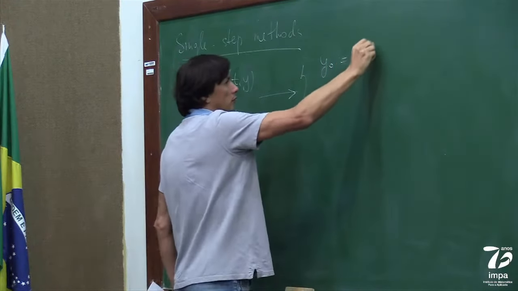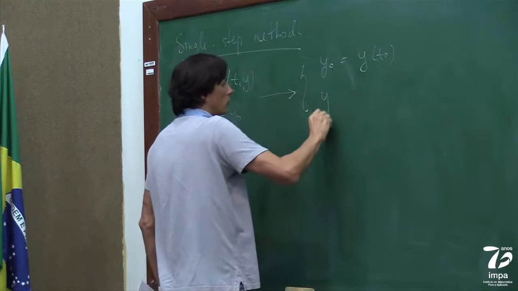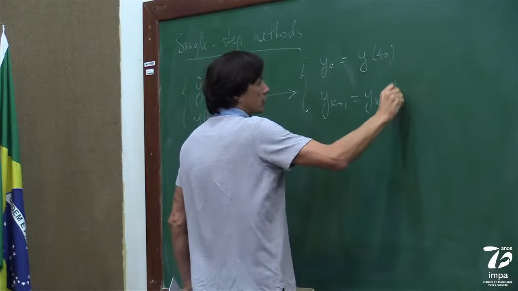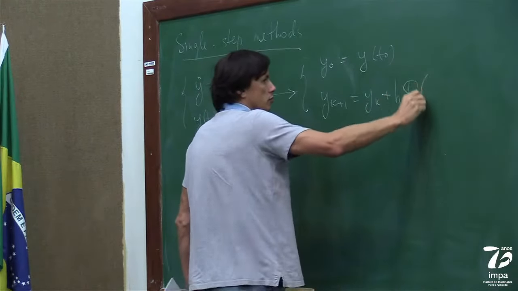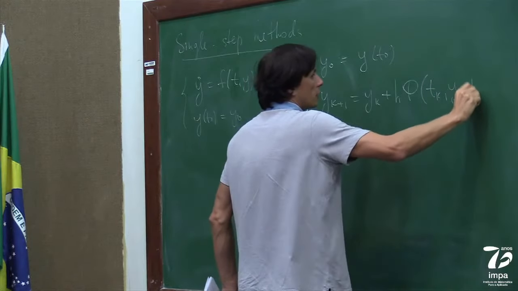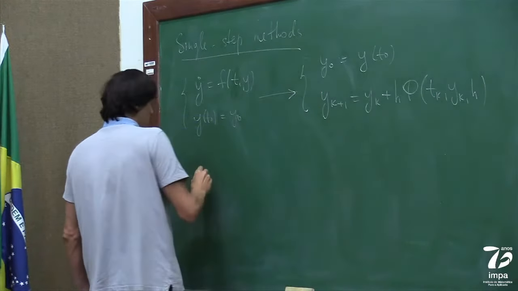Let's write it the other way around: y_{k+1} is y_k plus h times some function phi of t_k, y_k, h.